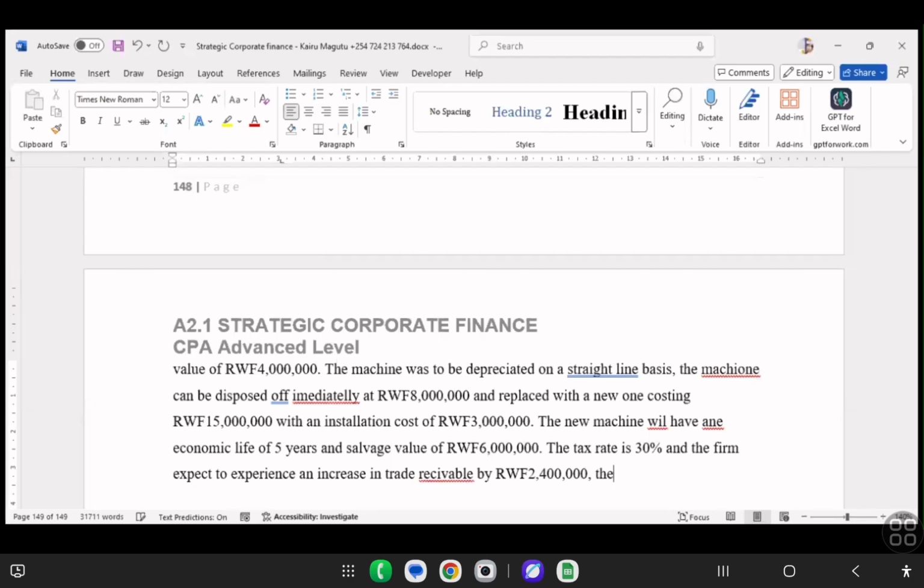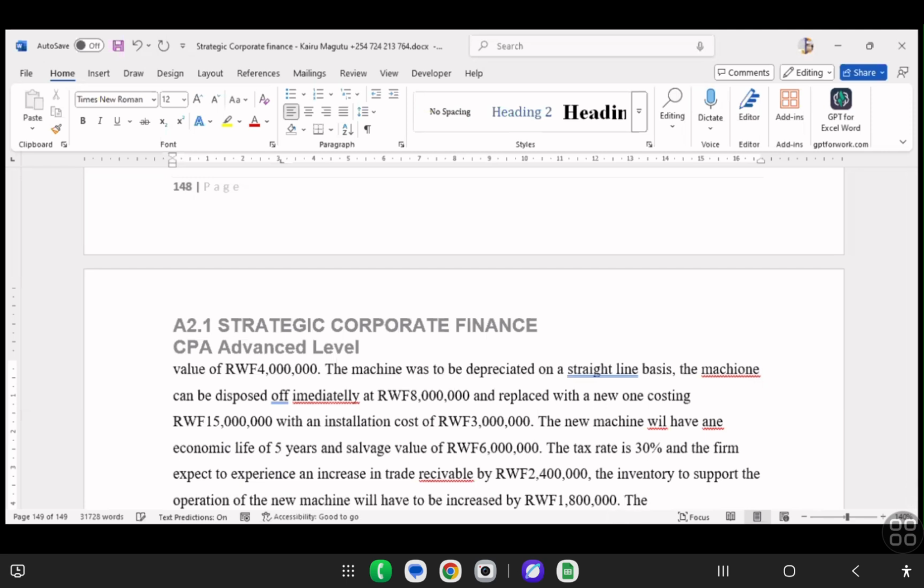The inventory to support the operation of the new machine will have to be increased by 1.8 million Rwandan francs.